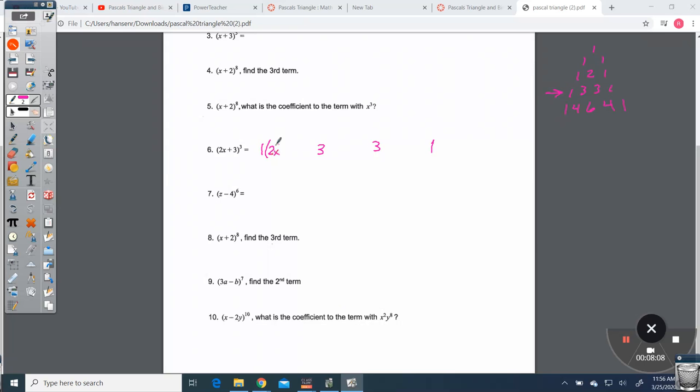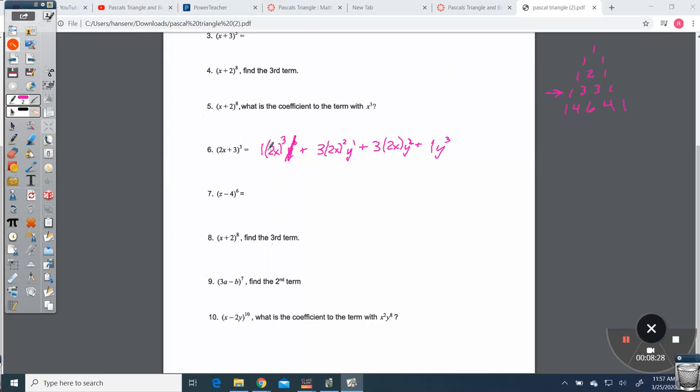The x's go down, and the y's go up from 0 up to the third. Anything to the 0 power is just 1, so we can get rid of it.